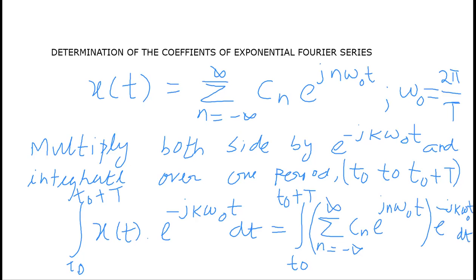So this is obtained by multiplying both sides by e to the power minus j k omega 0 t and integrating over one period.